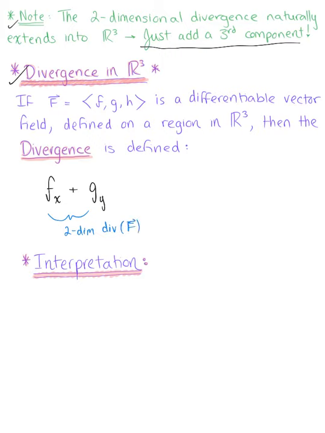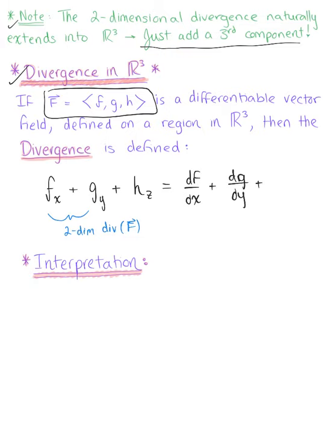And since now we know our vector field is in 3 dimensions, we add that third component. So this is plus the partial derivative of H with respect to z. We can alternatively rewrite this in differential form, df dx plus dg dy plus dh dz. So this is our 3-dimensional divergence.